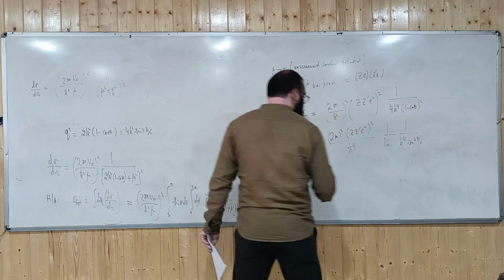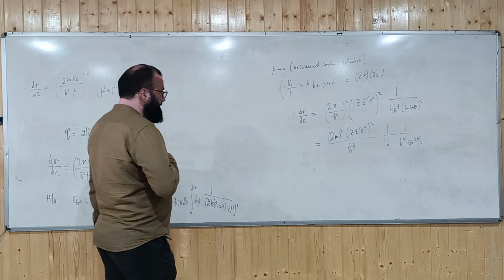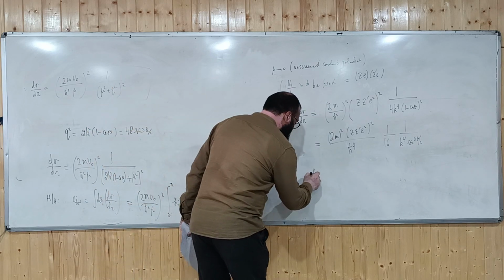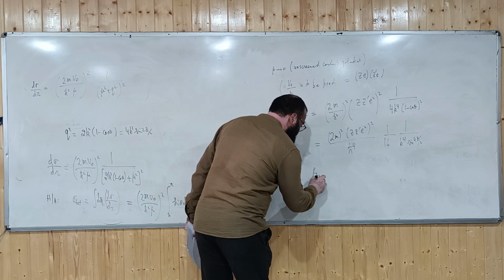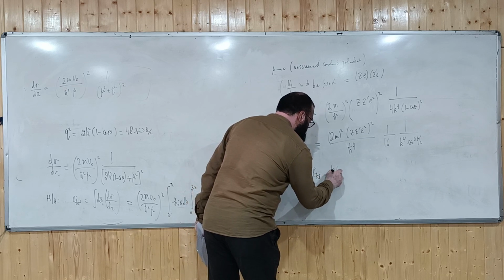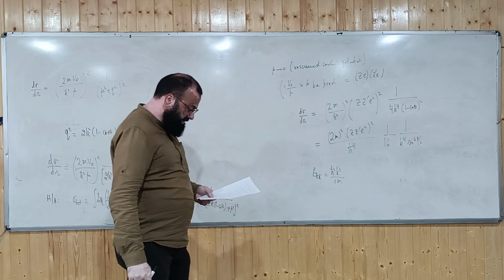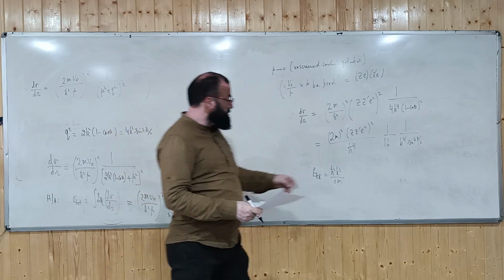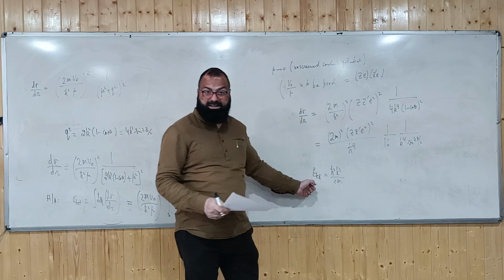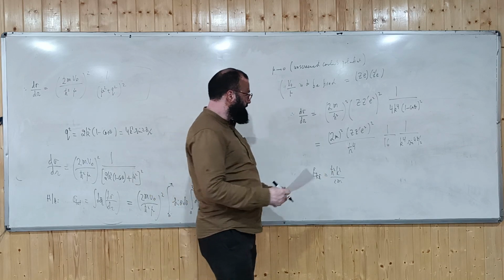Let's write it in terms of the incoming kinetic energy. Let's write E kinetic as h cross square k square by 2m. Let's use this k in terms of the kinetic energy, then it will be easier.